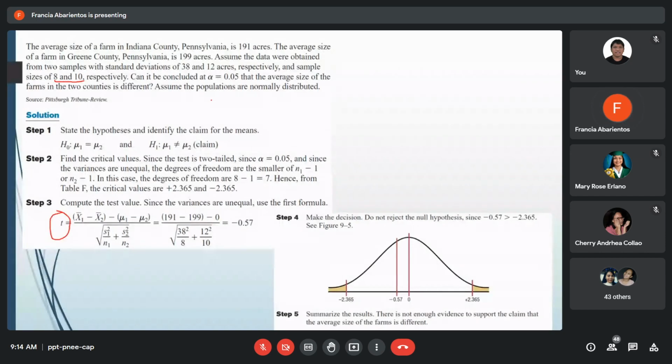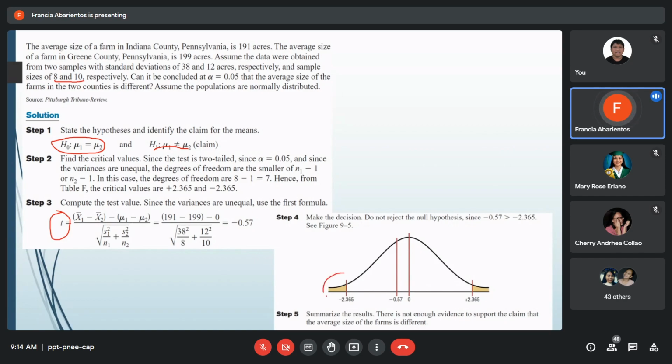Ayan, so first, we need to state the hypothesis. Dapat wala nang magkakamali when it comes to stating your null hypothesis and the alternative hypothesis. Walang sinabi dito na greater than or less than, so automatically, this is a two-tailed test, and that is now your claim. Bakit class two-tailed test?